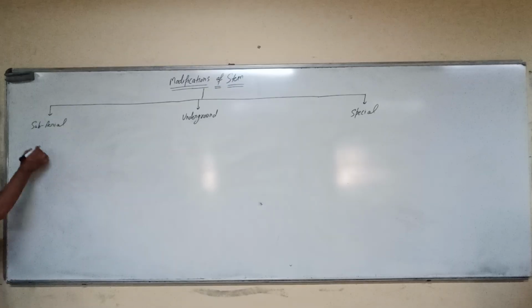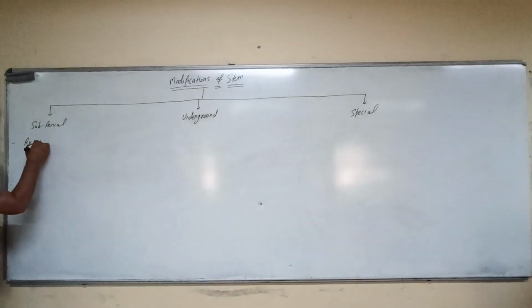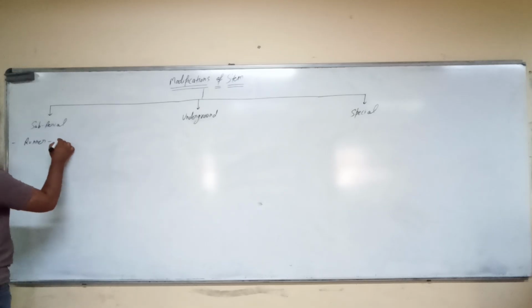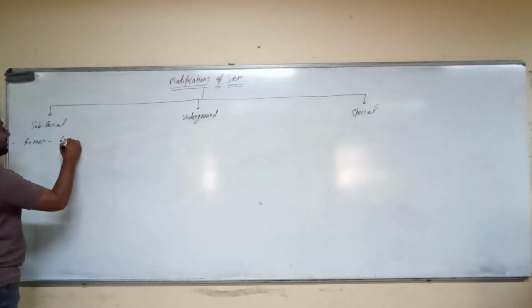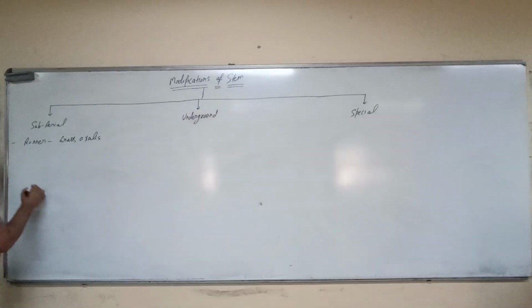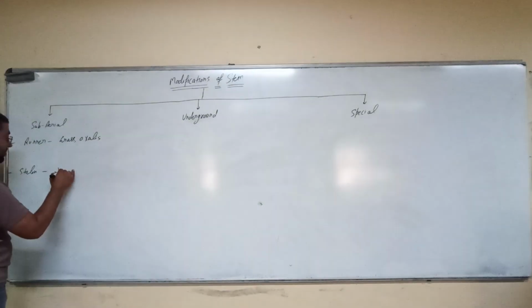In the sub-aerial modification, first one is runner, for example runner in grass. Second is stolon, for example stolon in jasmine.